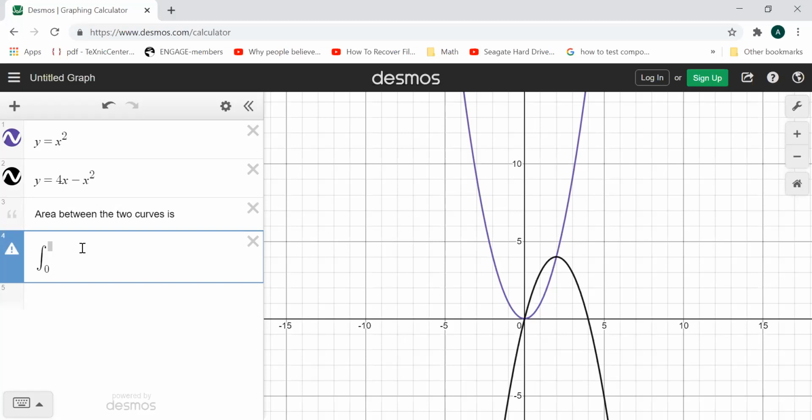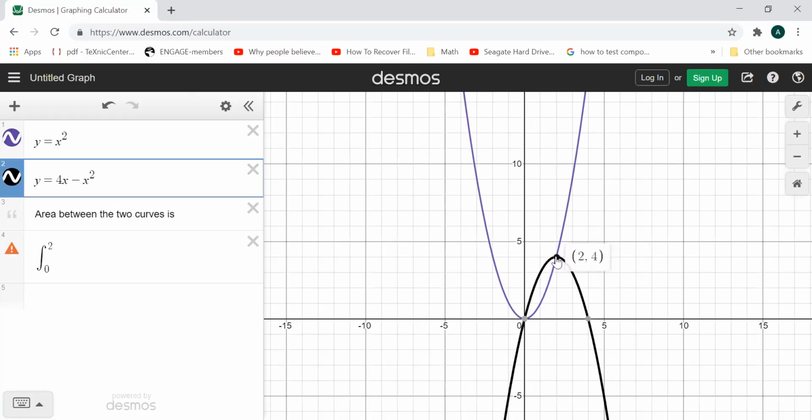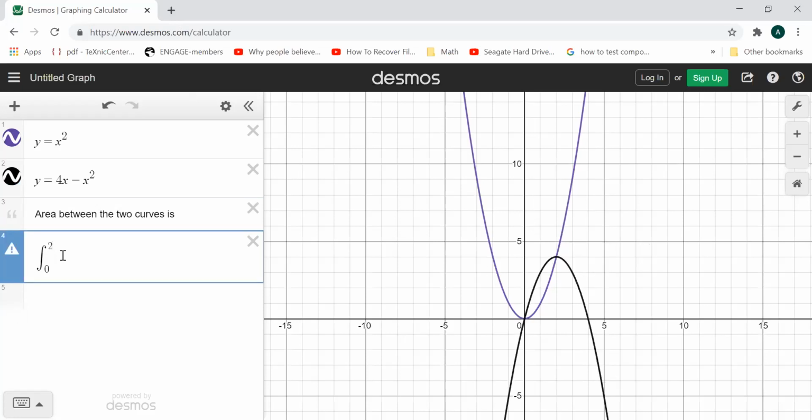from 0 to 2. Right, this corner here, folks, is 2. Remember? All right, from 0 to 2, and the formula is, which one is on top, by the way?